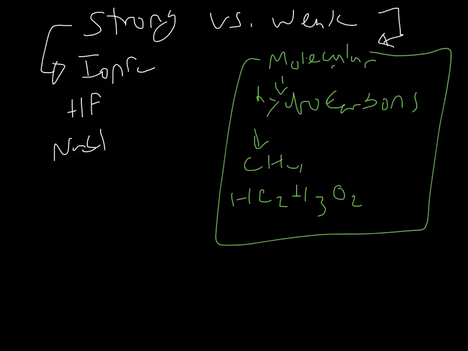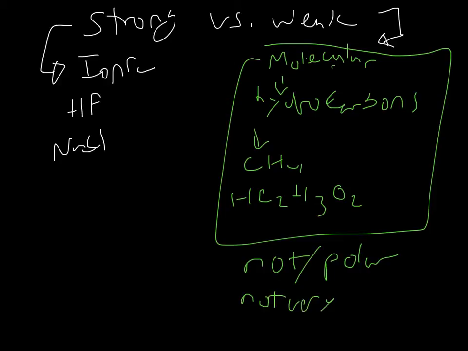Now, this is largely because they're not polar or not very polar. So this means that when they're dissolved in water, for example, which is a nice polar solvent, they won't dissolve very well at all, and they'll be weak electrolytes, and that means they do not conduct electricity very well.